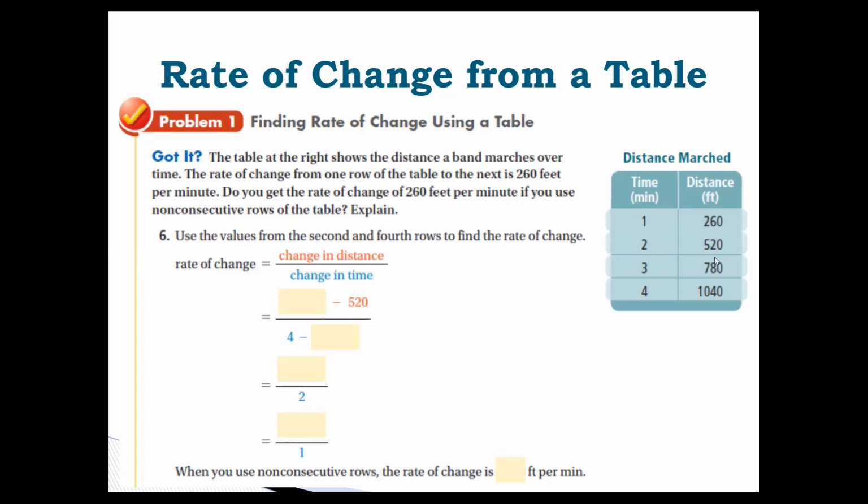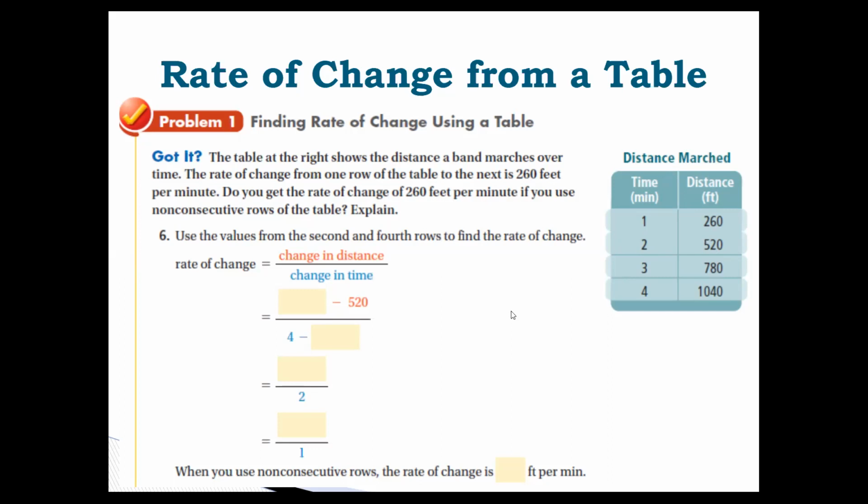So we can put any kind of data we want in these tables and come up with the rate of change if the changes are consistent. If they're not consistent, then we probably don't have what we're going to call a function, where the y values are determined by an equation once you plug in the x value.